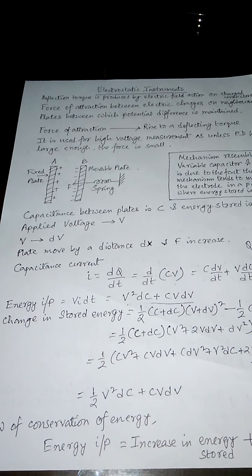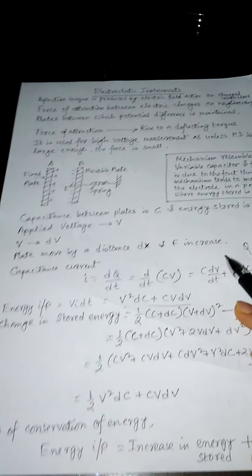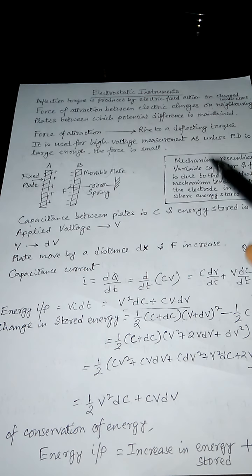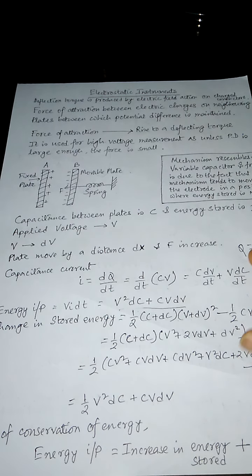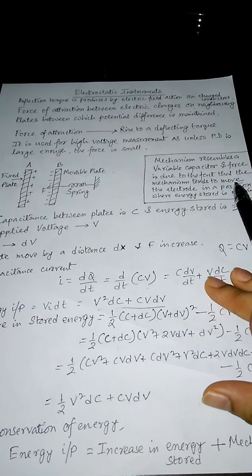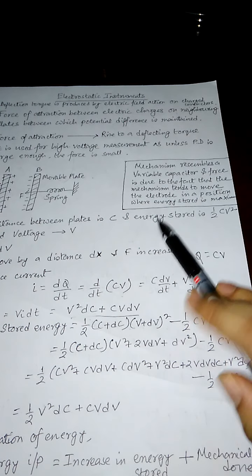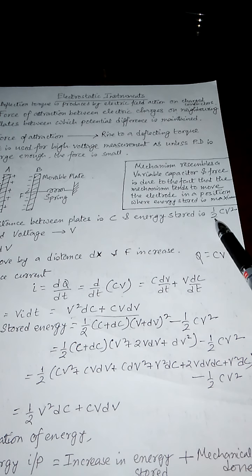Now what is the change in stored energy? As there is an increment of applied voltage, there is obviously a change in stored energy in the system. We already know that our initial stored energy is half CV square. When that changes, there is a small increment in energy.